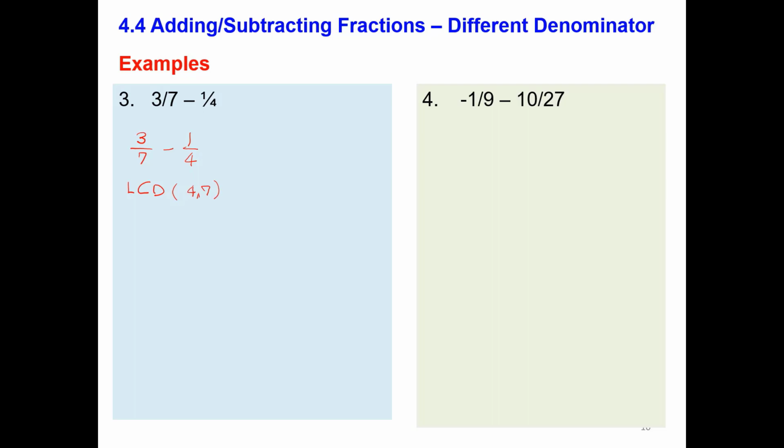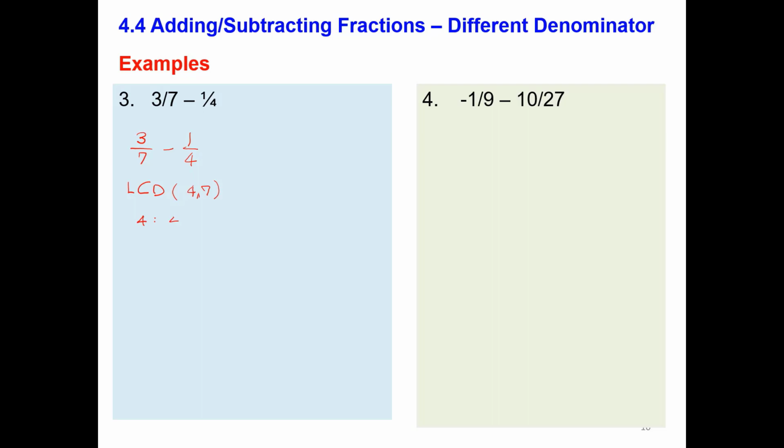And if you know what the LCD is, go ahead and write the LCD. If you don't know what the LCD is, then just list the multiples for 4.